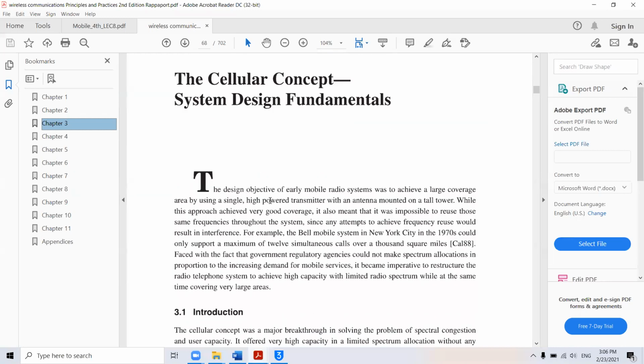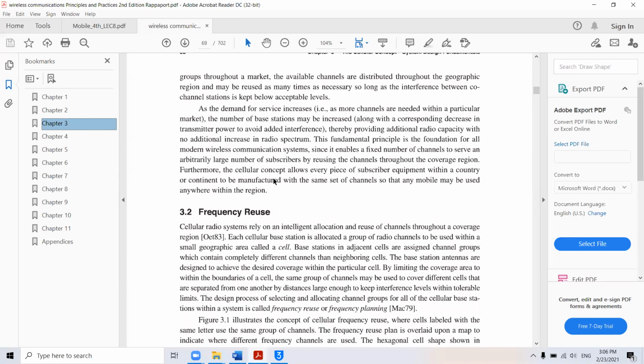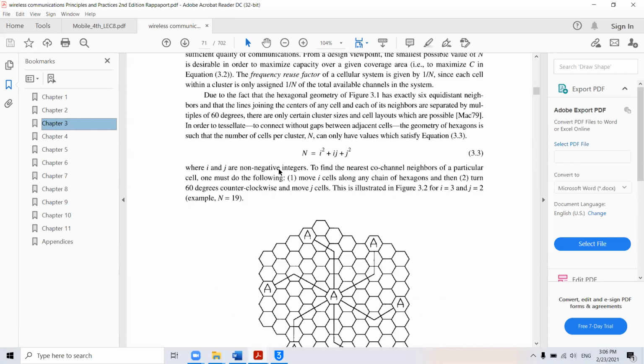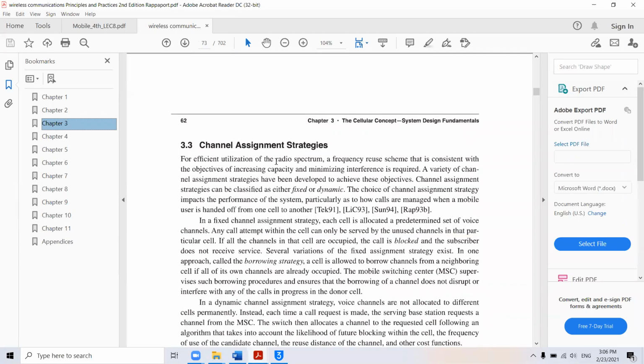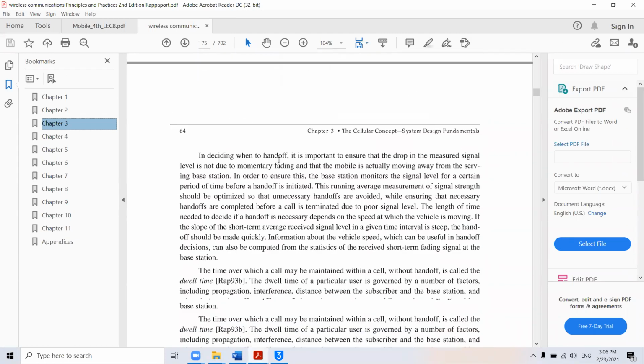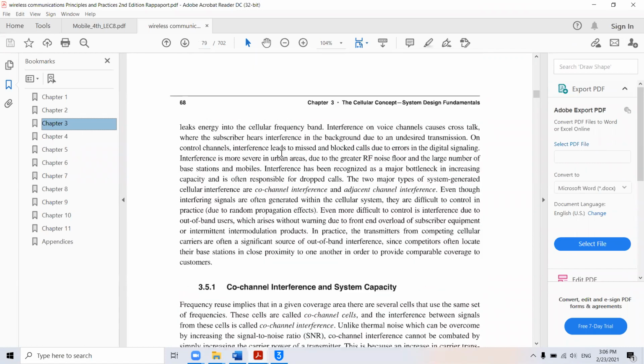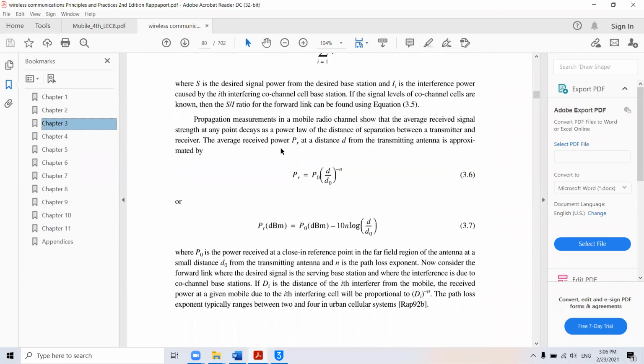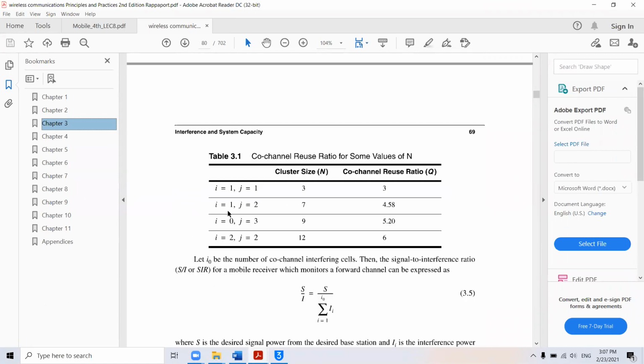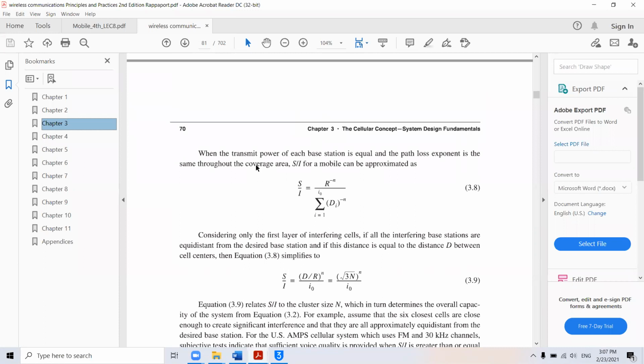So I want you to be aware that we have covered more than 50% of this chapter. Now, that was about the co-channel interference.